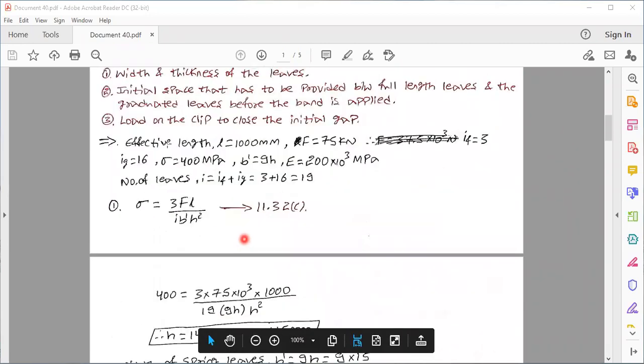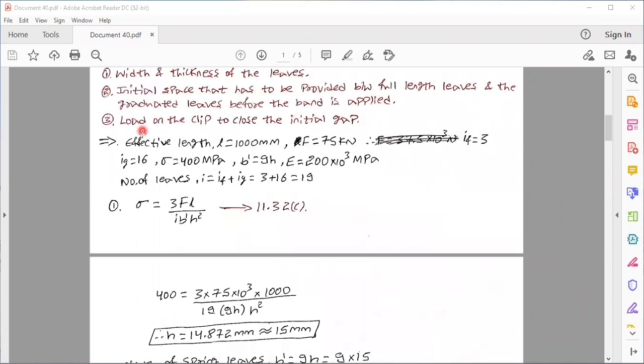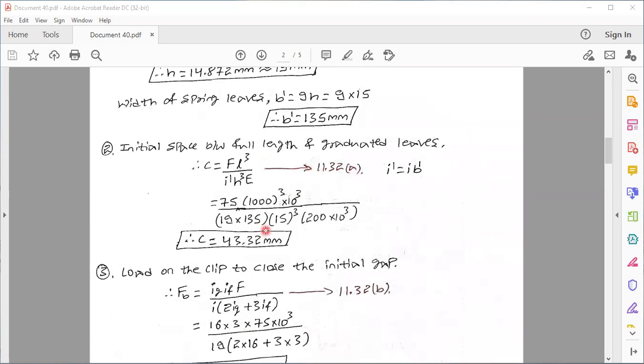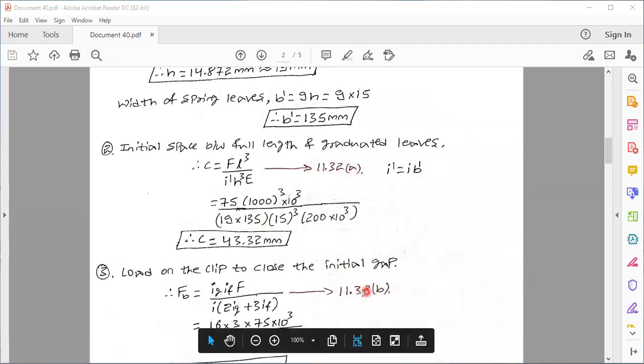Third one, he has asked you to calculate the load on the clip to close the initial gap. You need to find out that load. That we are going to get from equation 11.32b.